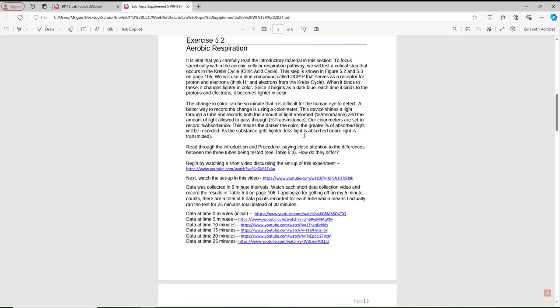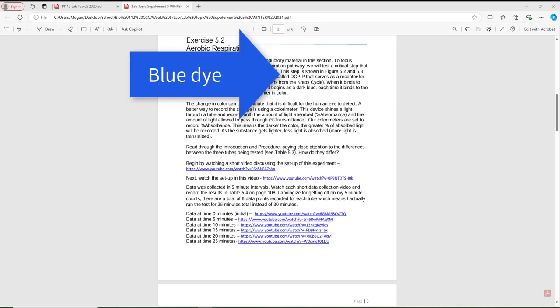So as the substance, we actually add a compound, it's called DCPIP, to the solution, and this particular compound, it's a blue dye, and it is a receptor for protons and electrons.